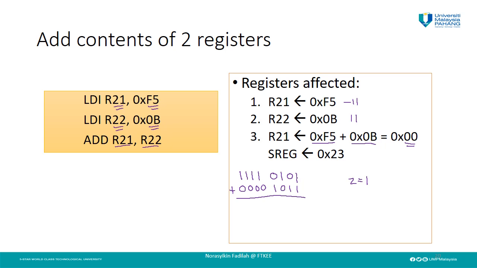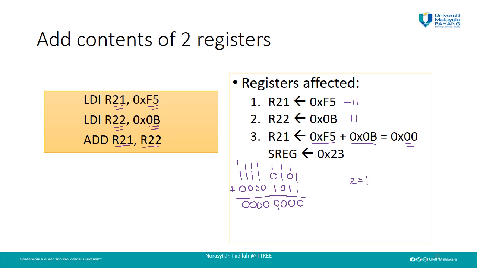So here we have 1 plus 1, we have 10. 1 plus 1 also 10, carry 1. And then 1 plus 1 also 10, carry 1. 10, carry 1, and so on.